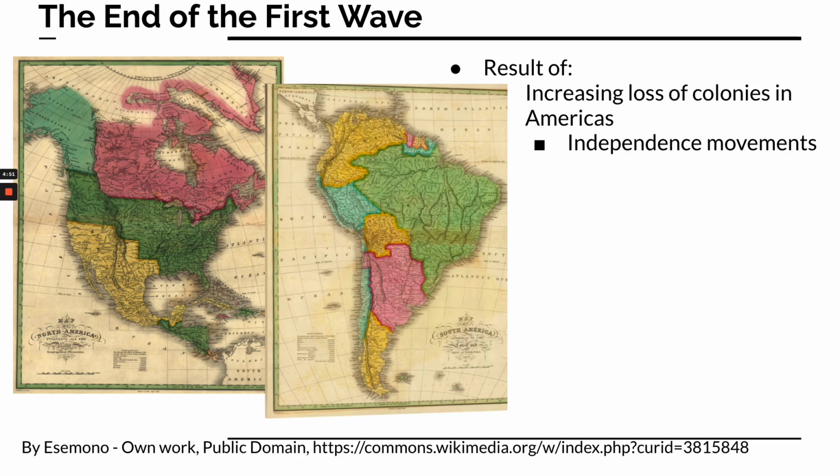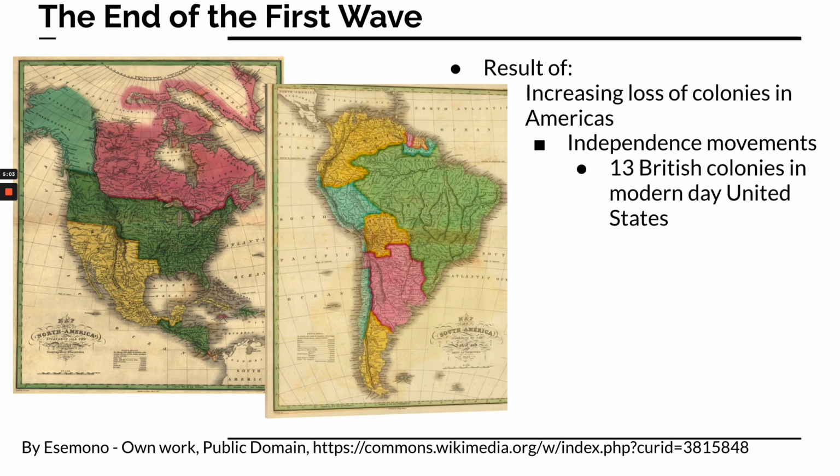And this loss of colonies is down to independence movements. The one you will be most familiar with, naturally, is the independence movement started by 13 colonies of Great Britain in the modern-day United States, along the eastern seaboard.